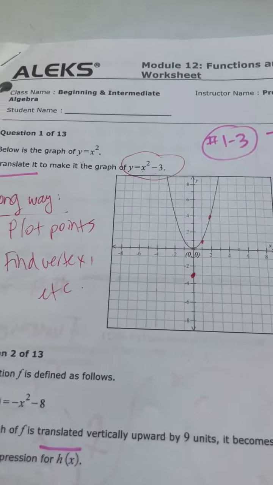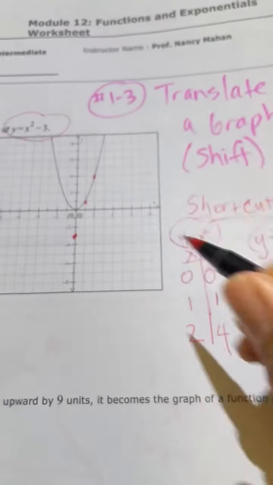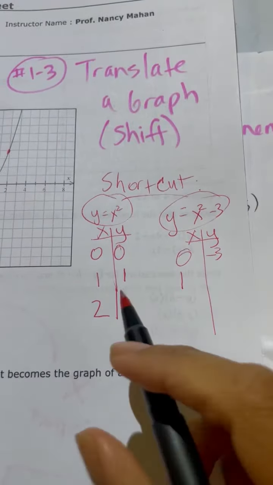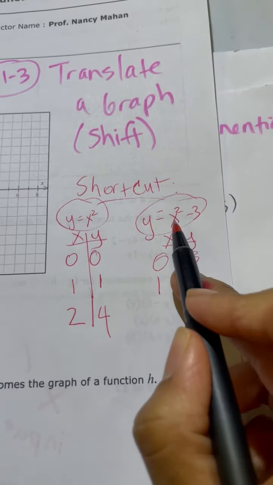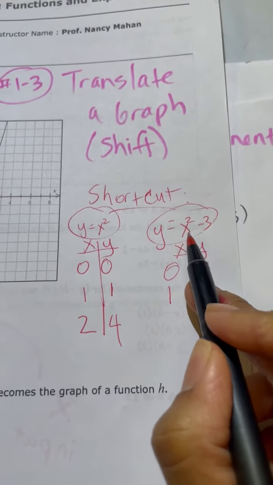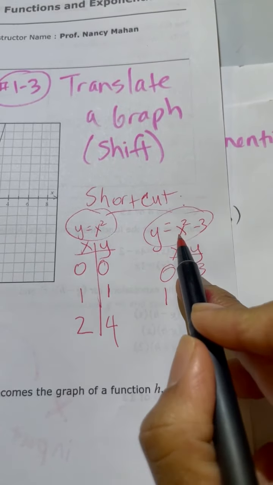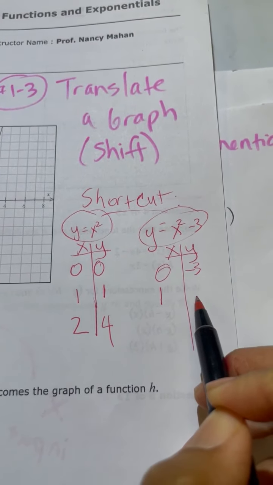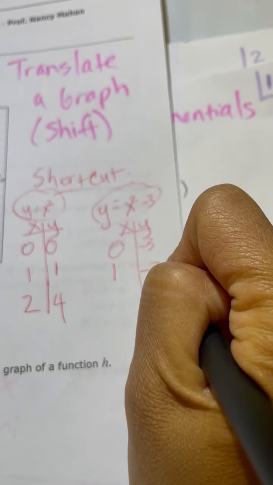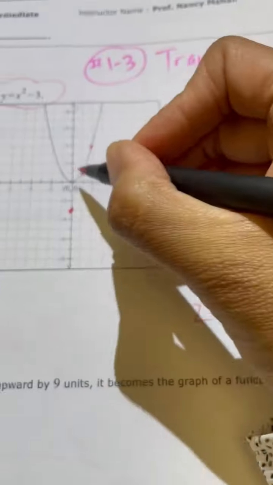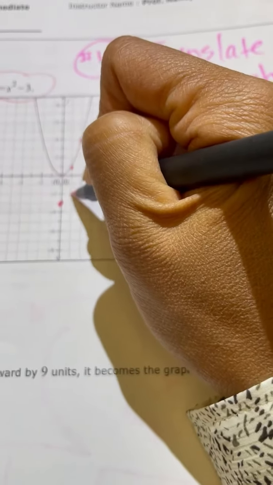So say even at the point 1, in my original equation, the y value is 1, but now in my new equation, y equals x squared minus 3, if I plug 1 in here, what does my answer become? Negative 2, right? So therefore, 1, negative 2, I'm right there.